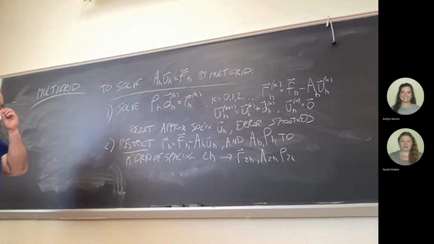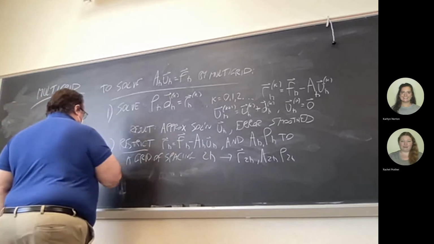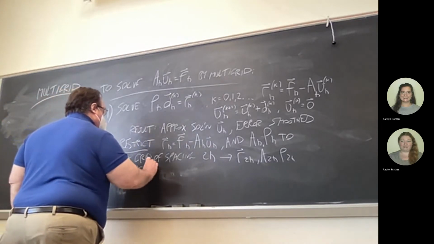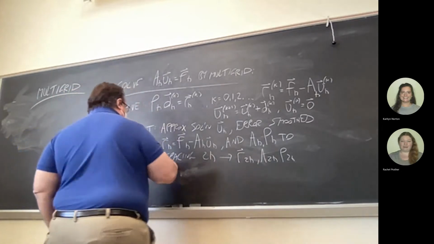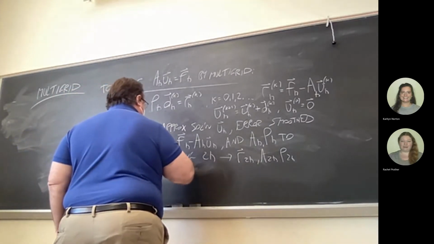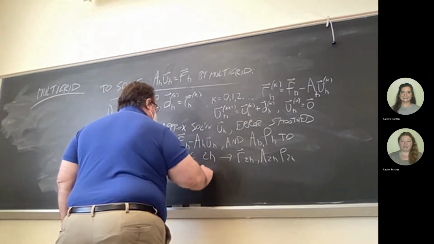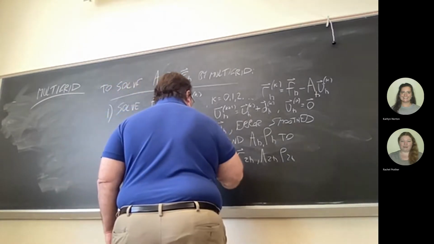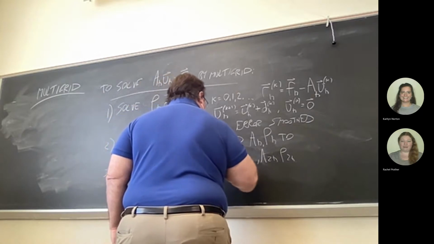So now that you're on a coarser grid, this is where recursion happens. We will solve the problem A2H E2H equals R2H.